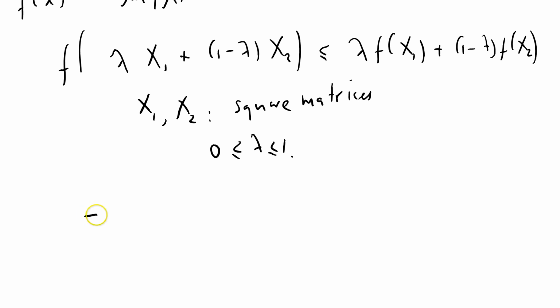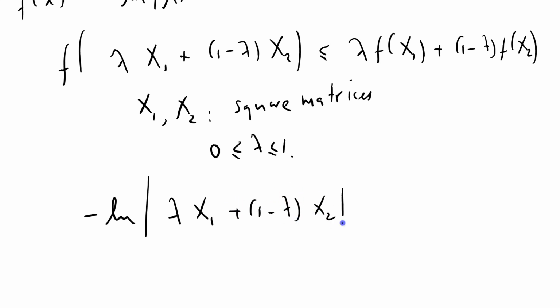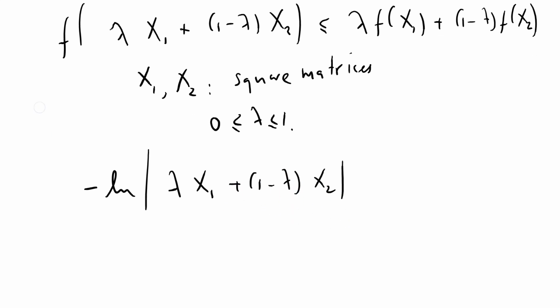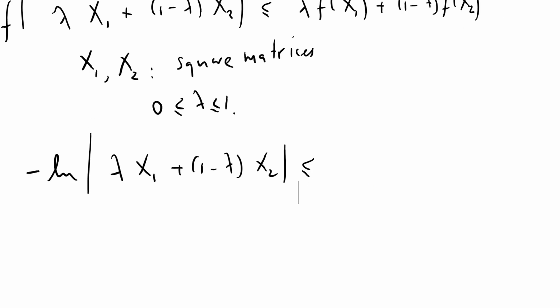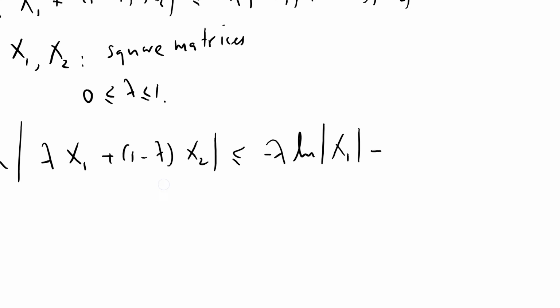So that tells me that minus log of the determinant of lambda x1 plus 1 minus lambda x2 is less than or equal to minus lambda log det x1 minus 1 minus lambda log det x2.